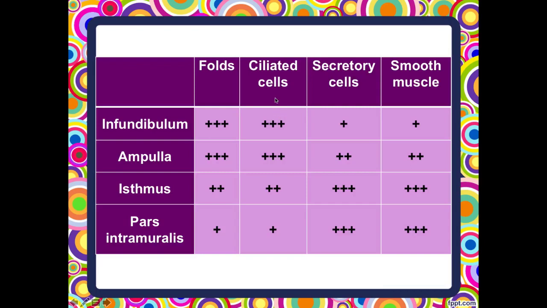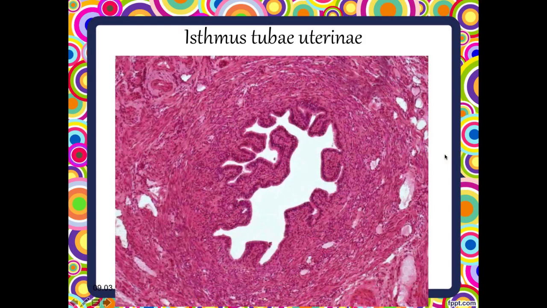As I mentioned, the ciliated cells decrease their number towards the uterus, and with that, the secretory cells increase their number towards the uterus. So this is the isthmus. You can see small, not so prominent mucosal folds, and a very thick smooth muscle layer within the muscularis layer.